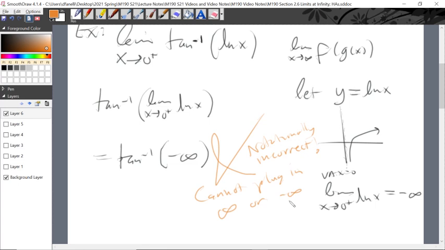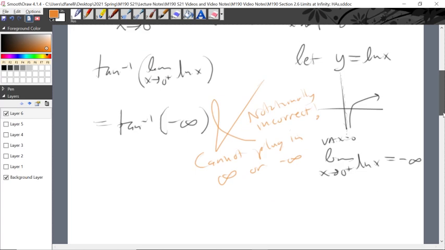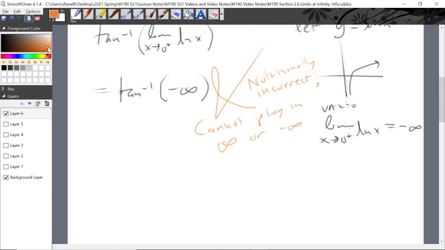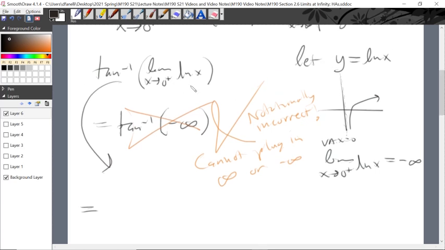It is not a value you can plug in. You can get negative infinity from a limit, though. And so that's the way we're going to look at this instead. You cannot write it this way. What can you do, though? We know that the argument is approaching negative infinity. The output of the natural log is approaching negative infinity. So we can choose a symbol for that argument, not x, because x was already used.